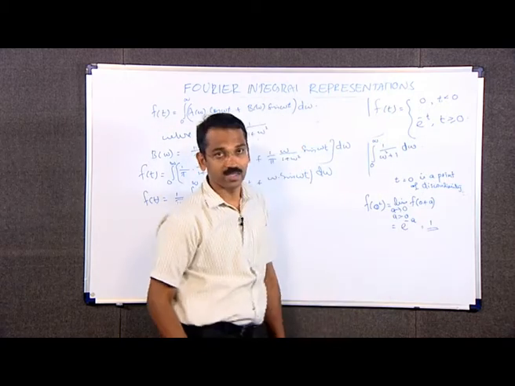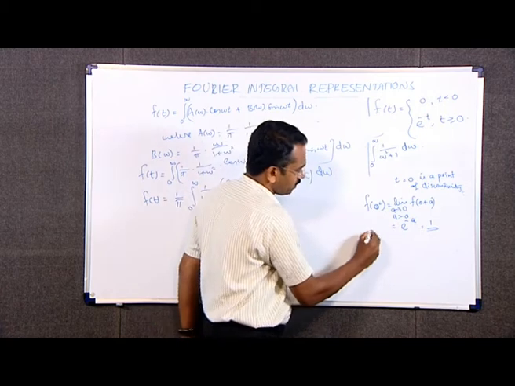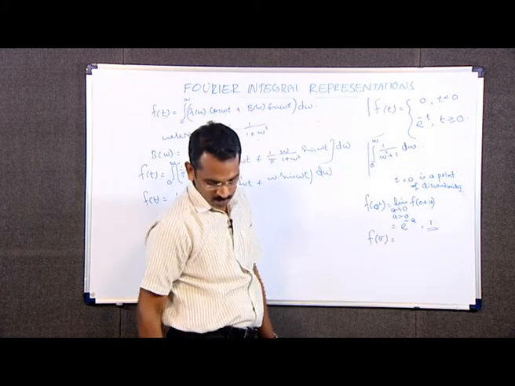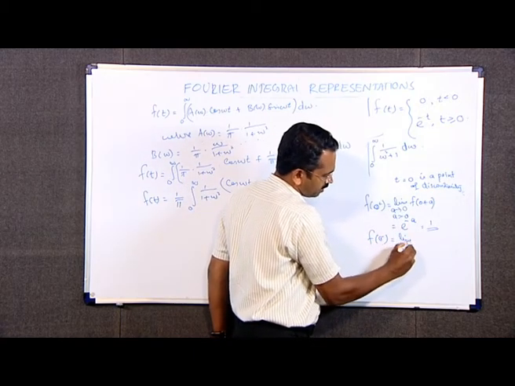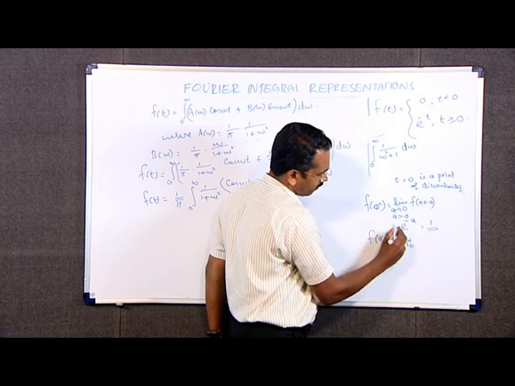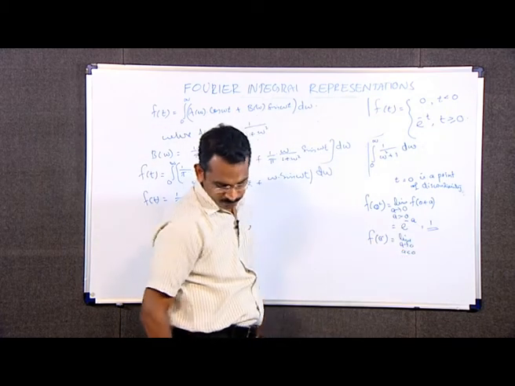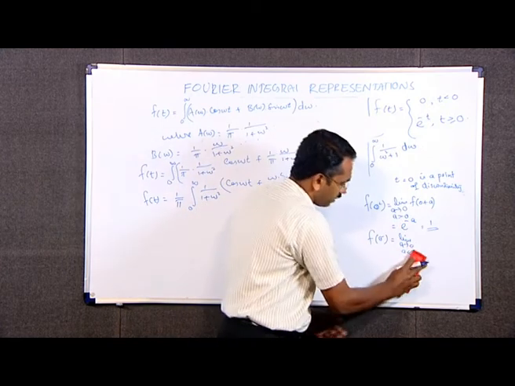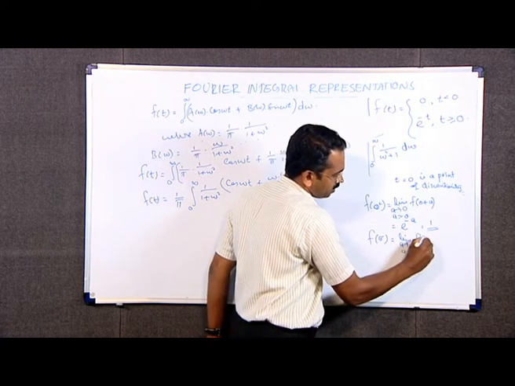That is, the right hand limit at 0 is 1, and the left hand limit f of 0 minus is limit a tends to 0, where a is always greater than 0, f of 0 minus a.